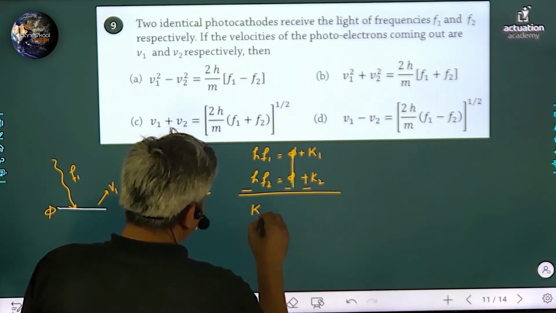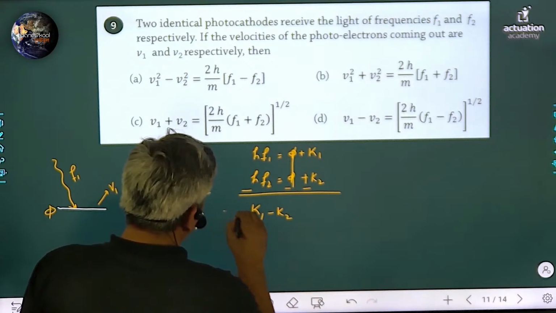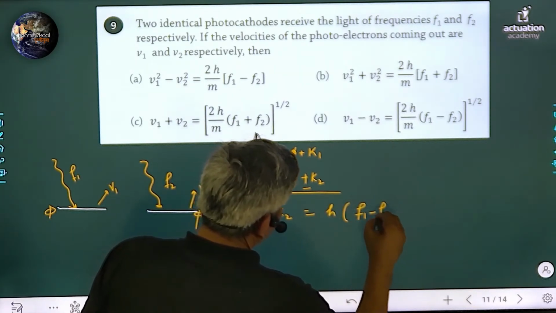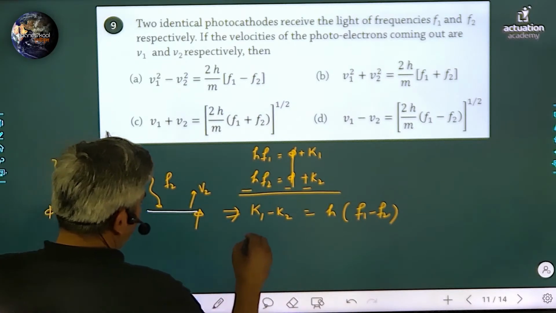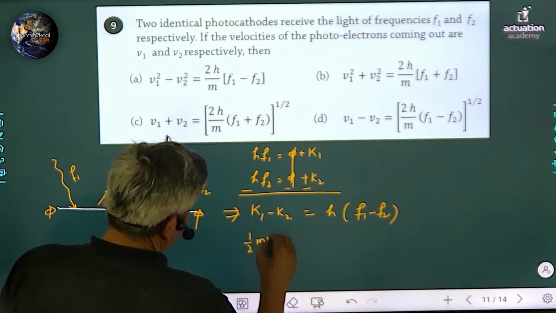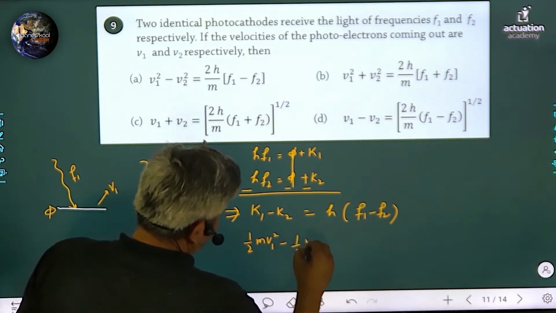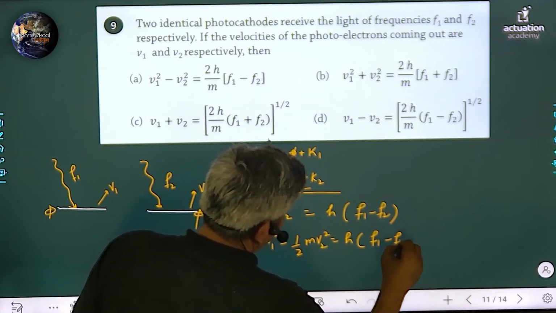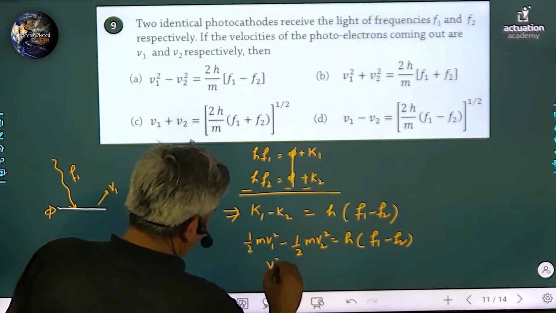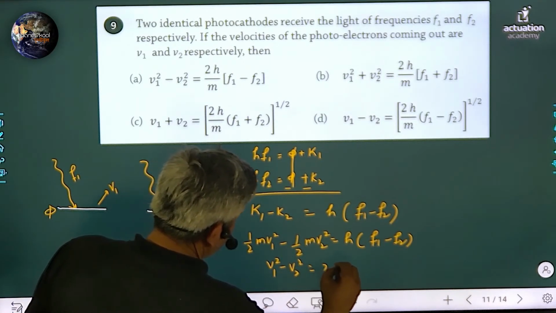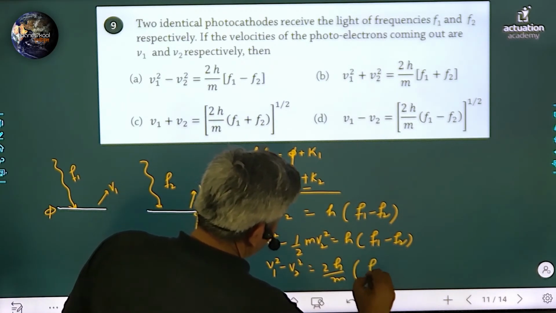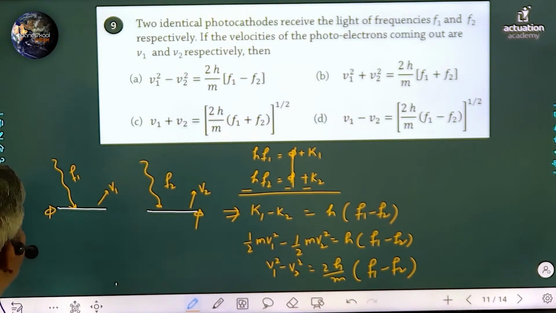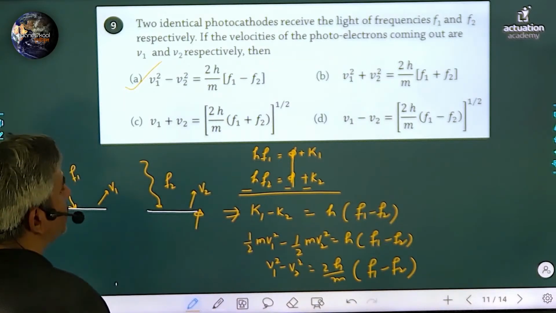So this will give us k1 minus k2 is equal to h times f1 minus f2. k1 can be written as half m v1 square, k2 as half m v2 square, so this will give us v1 square minus v2 square is 2h by m into f1 minus f2. Okay, this is option number 1.